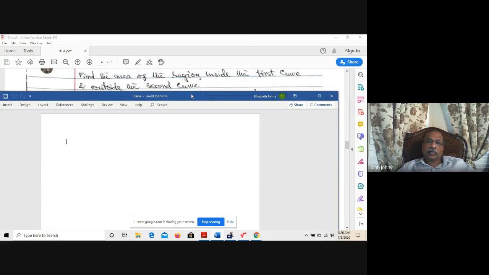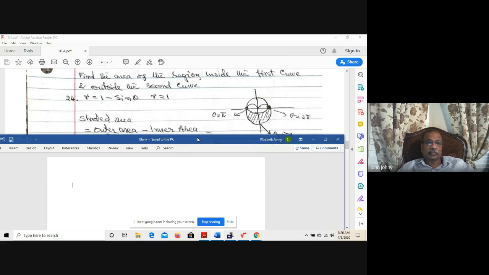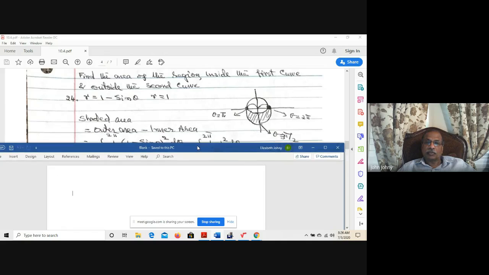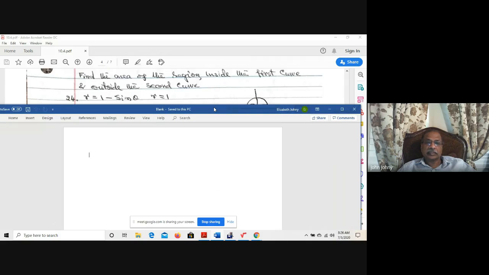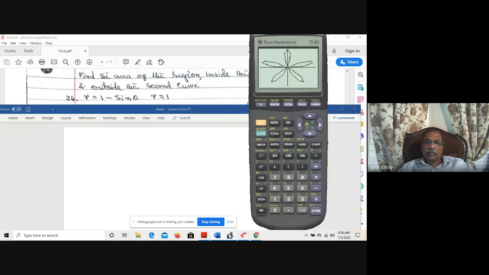Find the area of the region inside the first curve and outside the second curve. First curve is r is equal to 1 minus sine theta. Let us draw those.